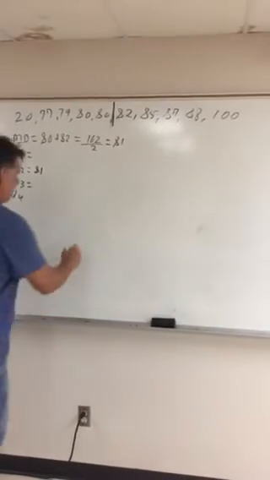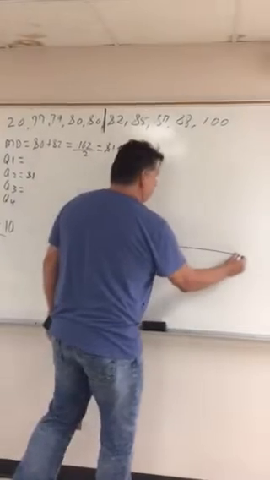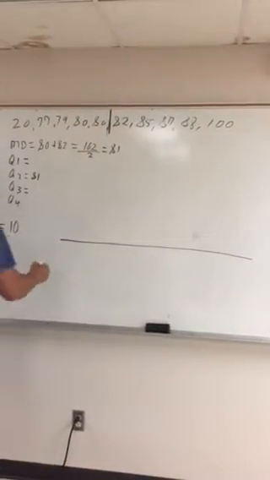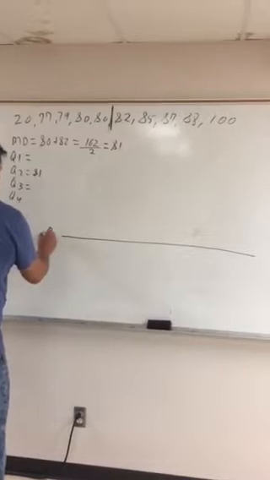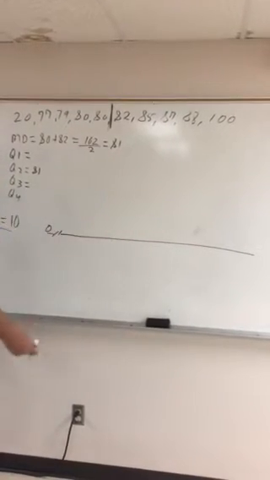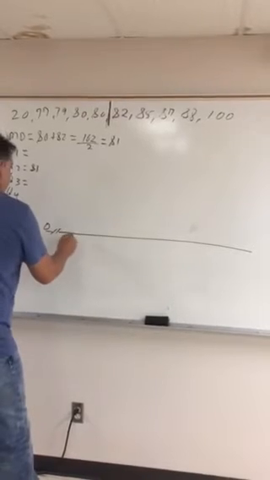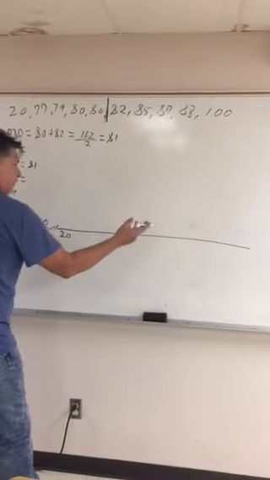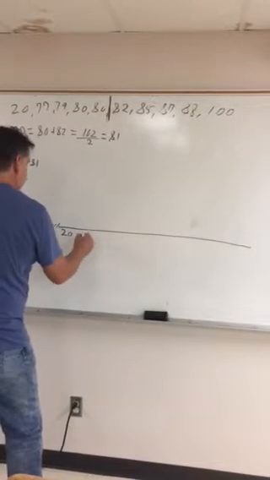Now I can take a continuum here and make a little line graph. So I'll start at 20, since that's my lowest value, and I'll go in 10-digit increments.